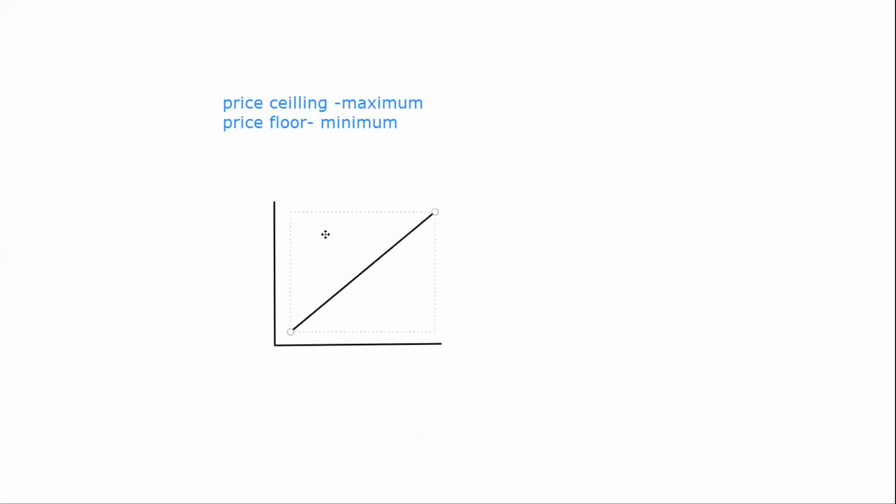This is supply. This is demand. So price, quantity, demand, supply. And let me draw the equilibrium.